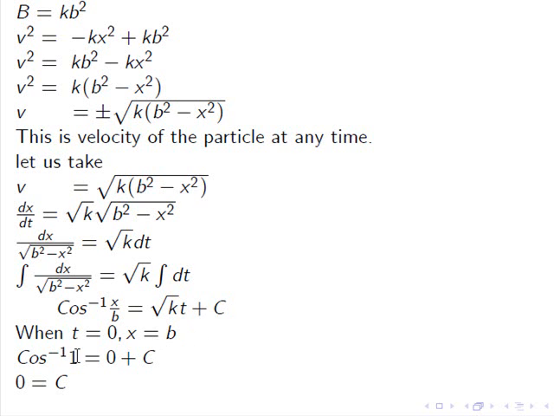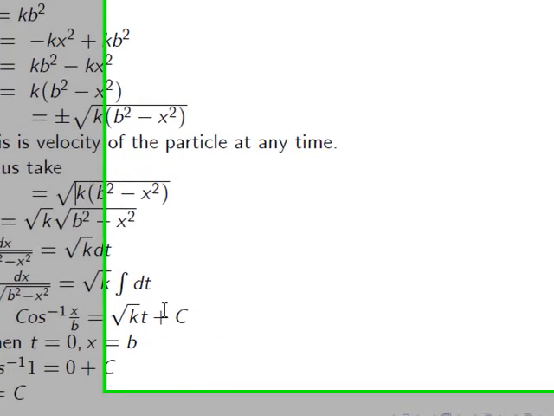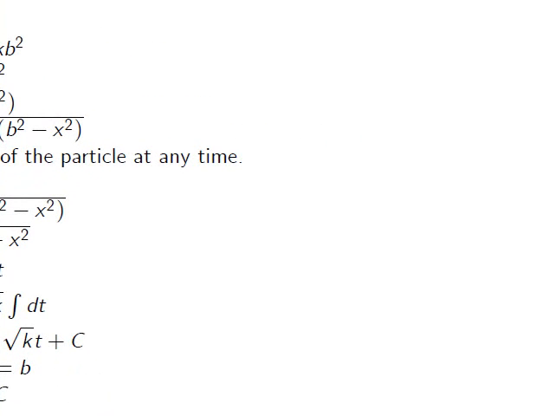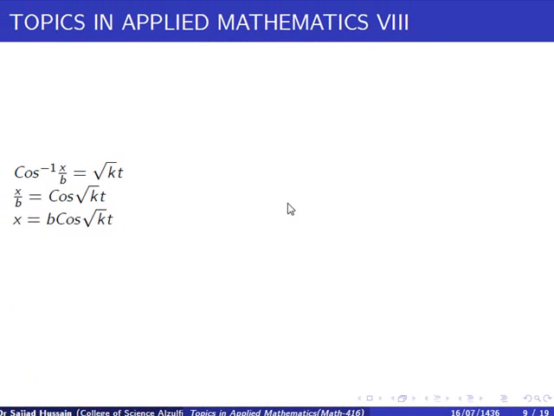Cos inverse 1 is 0, this is equal to c. So value of c is equal to 0, and we get cos inverse x divided by B is equal to square root of k t, and x divided by B is equal to cos of square root of k t. Multiplied with B, we have x is equal to B cos square root of k t.